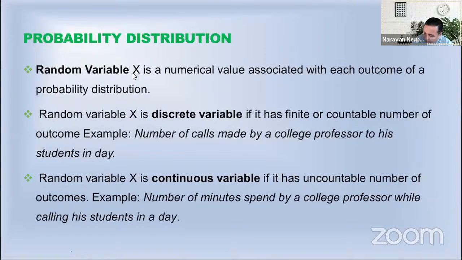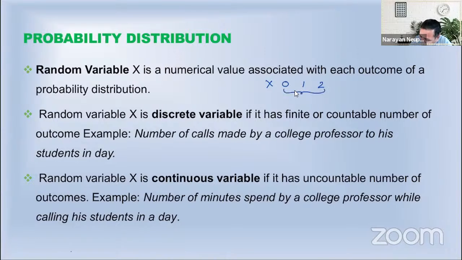Suppose you are tossing 2 coins: you don't see any head, so 0. Or you'll see just 1 head and 1 tail, so 1 head. Or you'll see both heads. So this is the random variable. X equal to 0, 1, 2 is a random variable. So X is the number of heads.